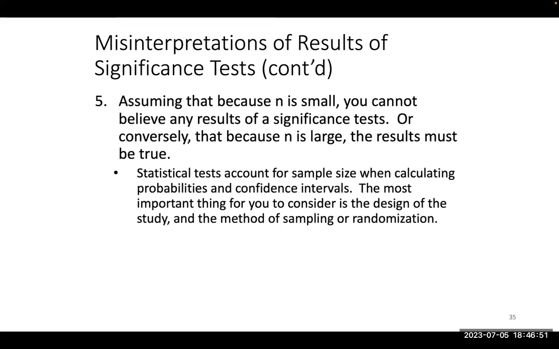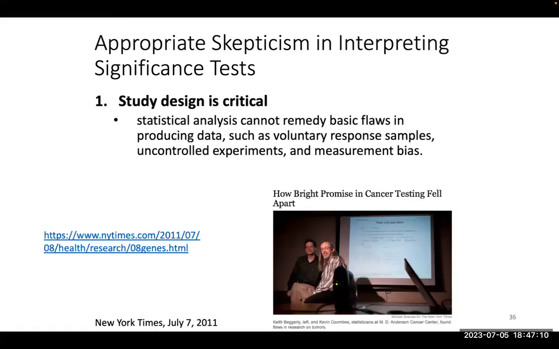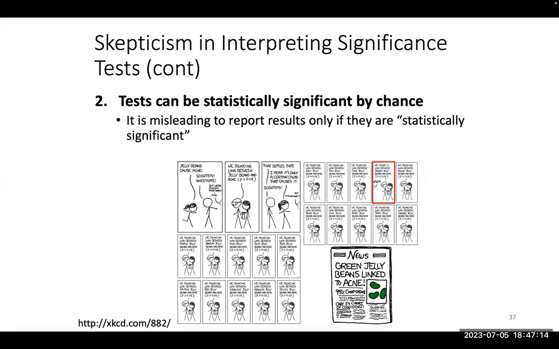The sample size is not necessarily an obstacle to drawing inferences from your studies. Just because a sample size is large doesn't necessarily mean it's true. We're dealing with probabilities at this point, so there are still possibilities of errors, right? Study design is extremely important.